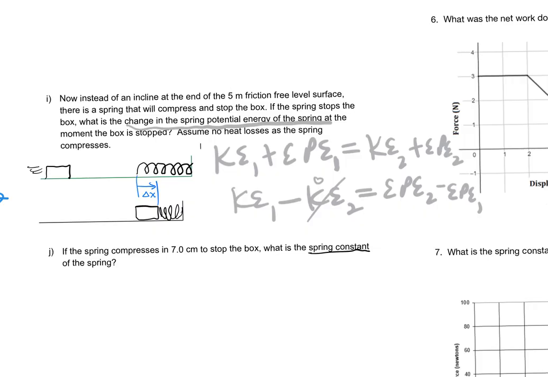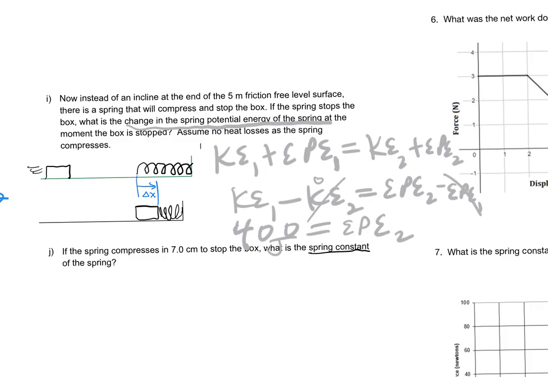So KE1, we already know, is 400 joules from before. EPE2 is something, but EPE1 is nothing. So I know EPE2 is 400 joules.